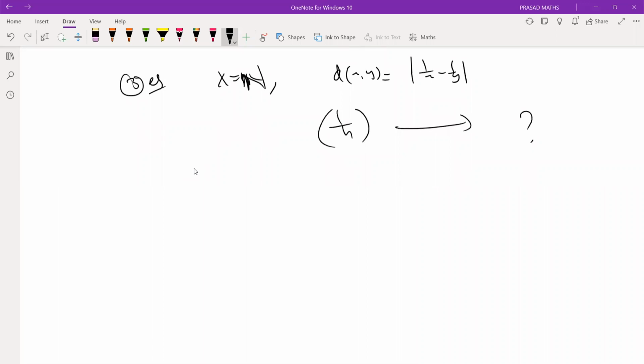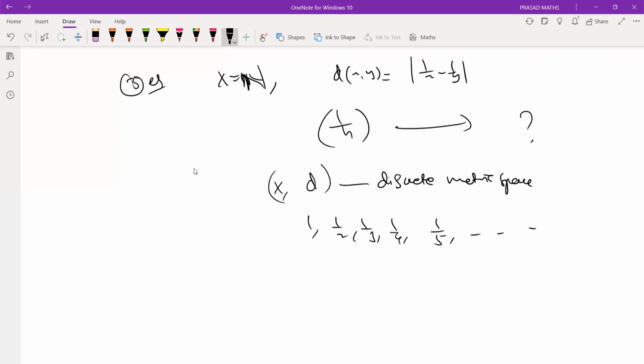The answer is no, because I already told you that (X, d), whenever X is the natural numbers, is nothing but a discrete metric space. We have seen it yesterday. In a discrete metric space, when do you say a sequence converges? When it is eventually constant. Is it eventually constant? Therefore the sequence never converges in the natural numbers with respect to d. Is it clear?